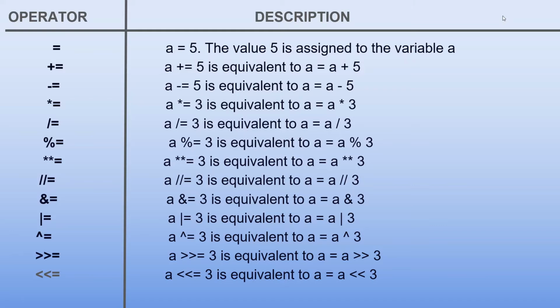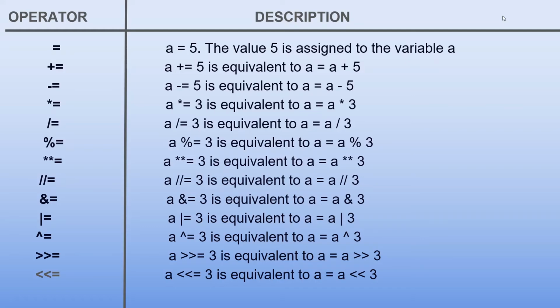Then we have |=, so a |= 3 is equivalent to a = a | 3. Then we have ^=, so a ^= 3 is equivalent to a = a ^ 3. Then we have <<= and also >>=. So these assignment operators will just act like the shortcuts. This is all about assignment operators.